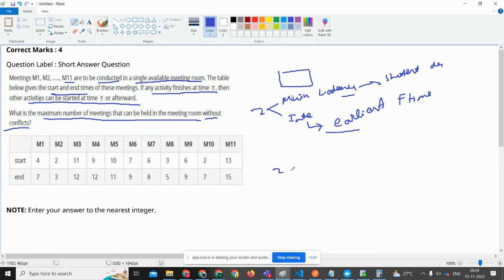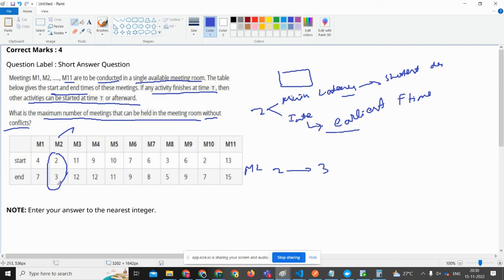It's going to start at the second hour and end at the third hour. After you choose this one, the one with the shortest deadline, you need to remove all the things which conflict with this time.